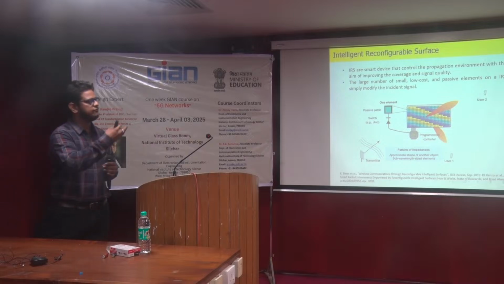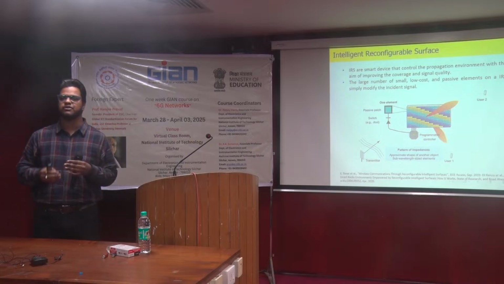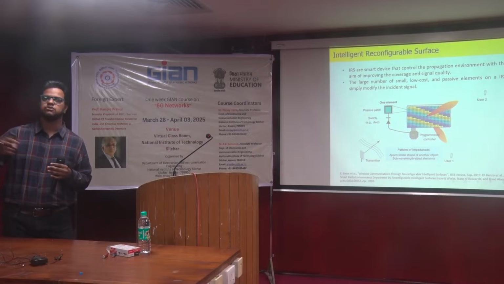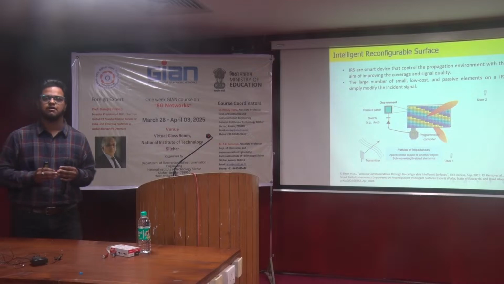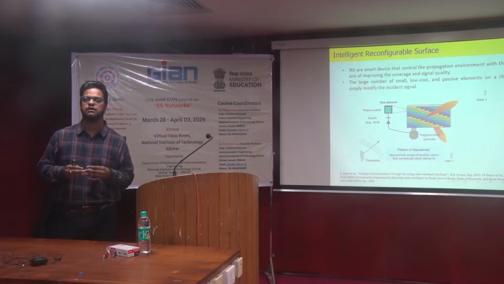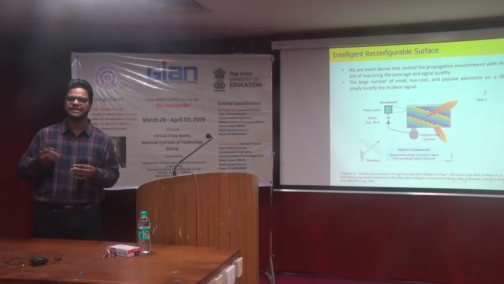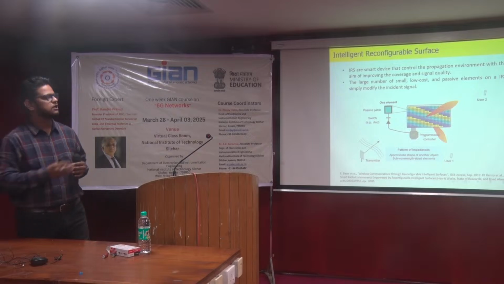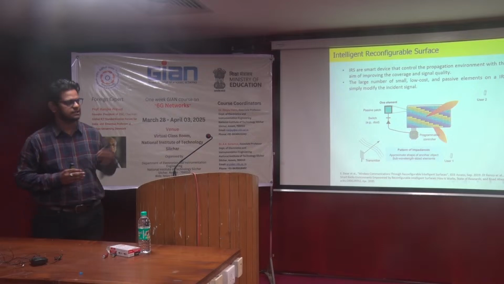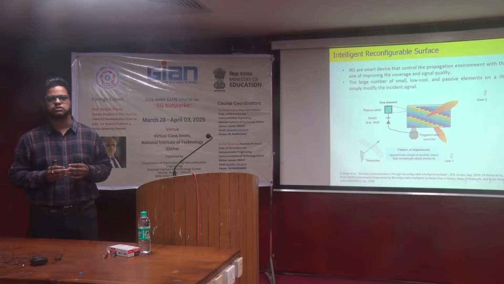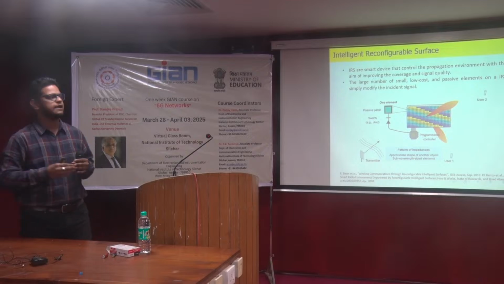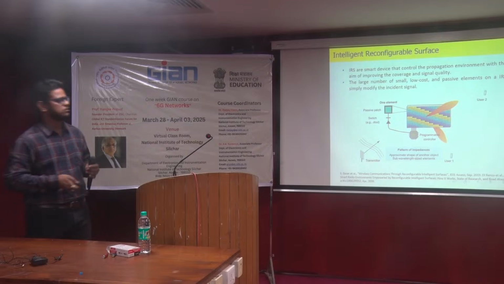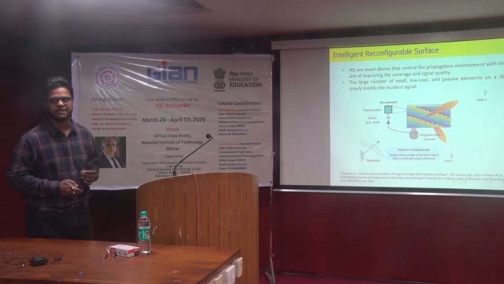If user one is your intended user, then user two can be an unintended user, or a node which hasn't got a token key, so it can act as a passive eavesdropper also. So this RIS can configure itself so that it can nullify the signal, and avoid any signal moving towards user two. So it can also be a possible application of this RIS.